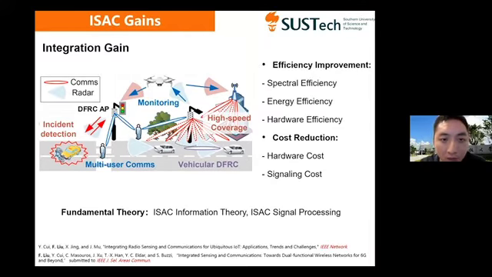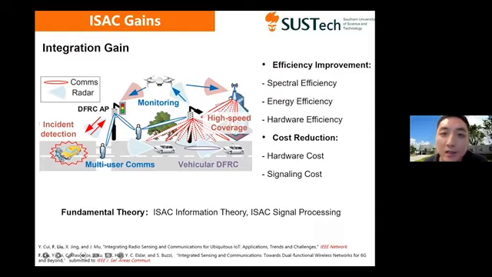Now we have integrated systems that can perform both functionalities. Like in this figure, we have a dual-functional radar communication access point that can perform multi-user communication and can detect, for example, incidents, monitor UAVs, and cover high-speed vehicular channels.